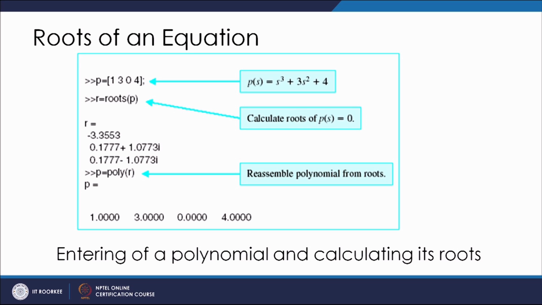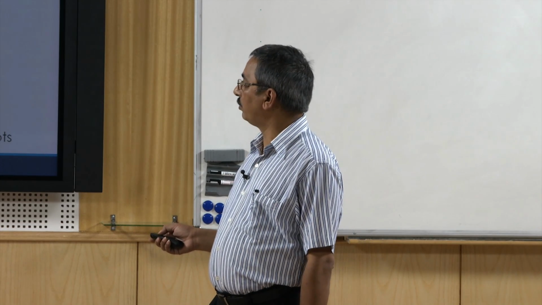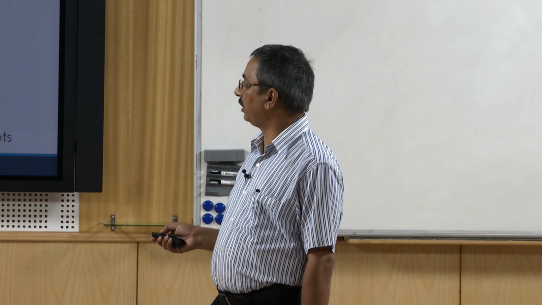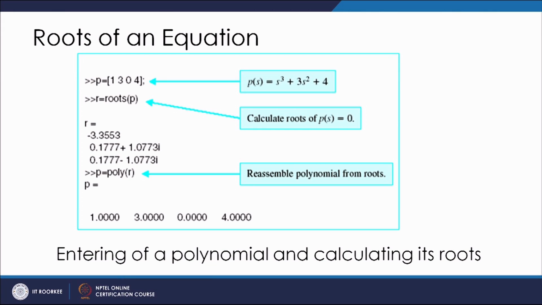And I can do the reverse also. Given these roots I can generate my polynomial. To do that, I have to just call the function poly(r). Using these roots it will generate the polynomial.